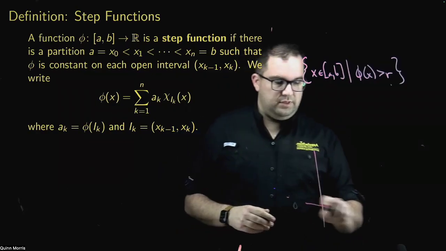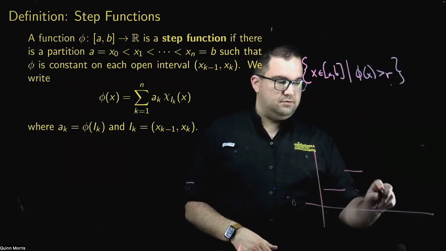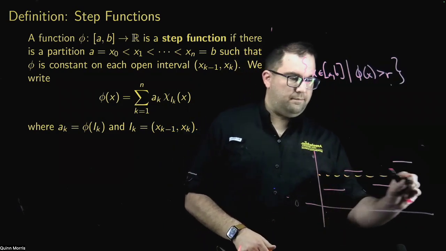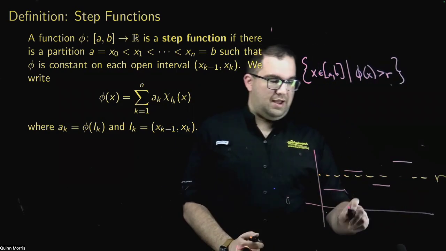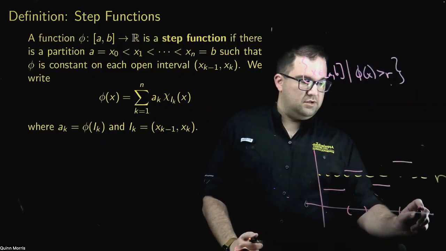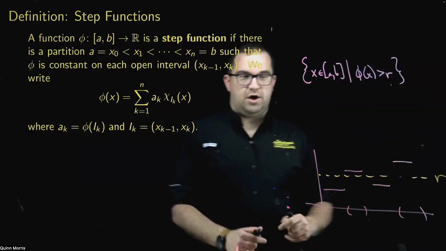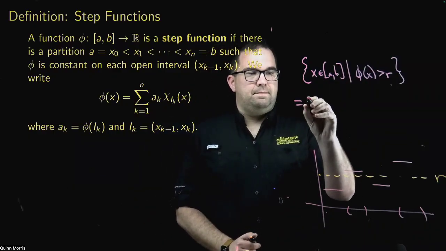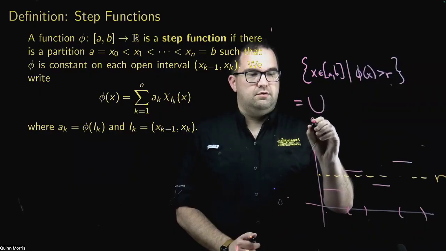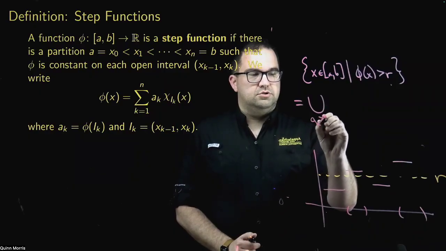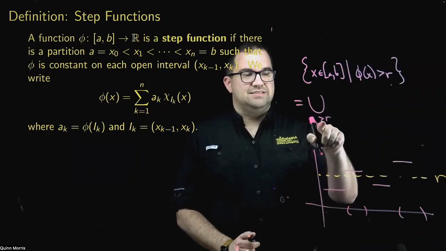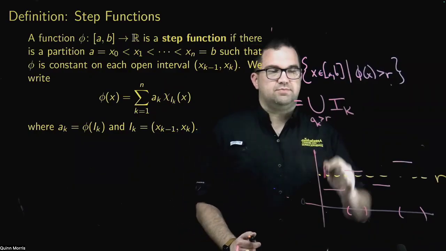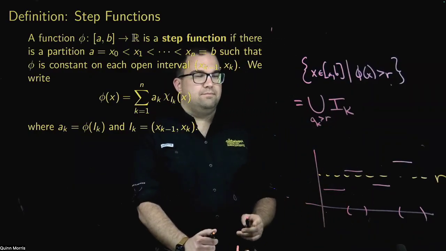So visually, I have these steps, and I come and cut with some R. I need to identify the intervals that go with the steps that are above this cutoff R. So you can express this set as a union: you figure out which of the A sub k's is greater than R, and for those k's, you union together their corresponding I sub k's.